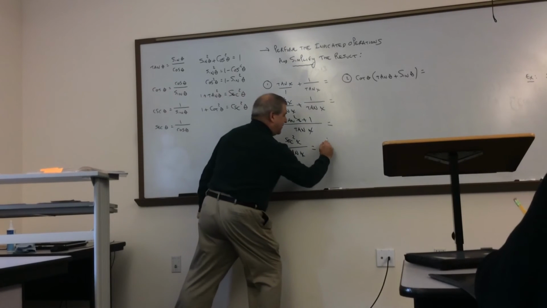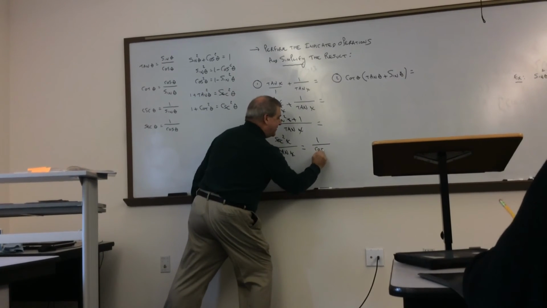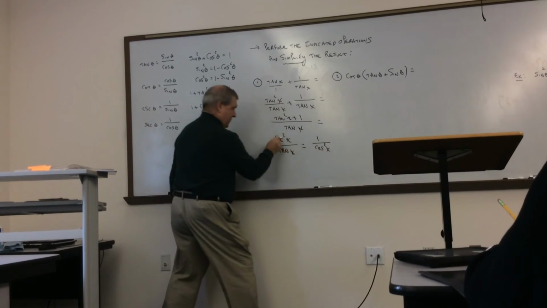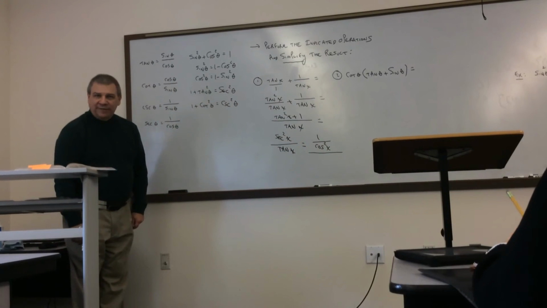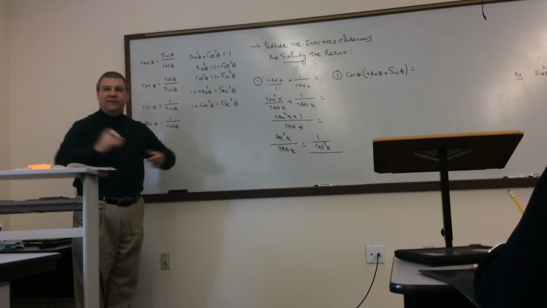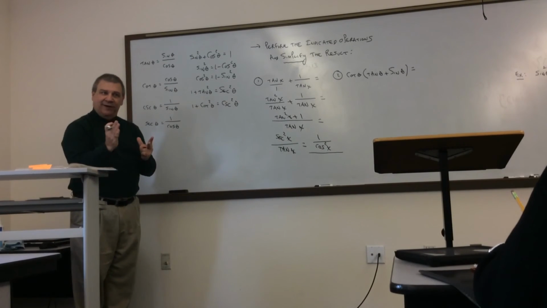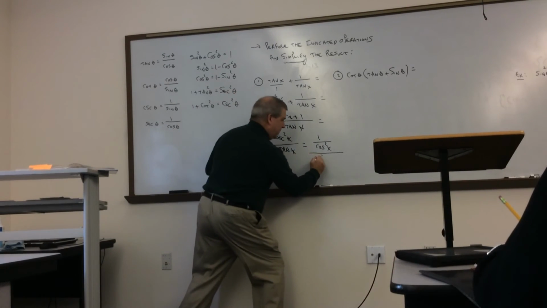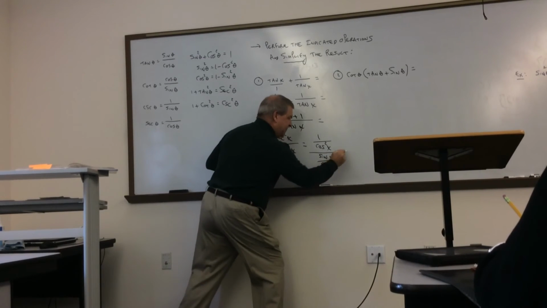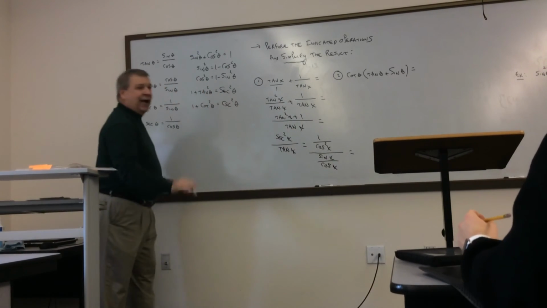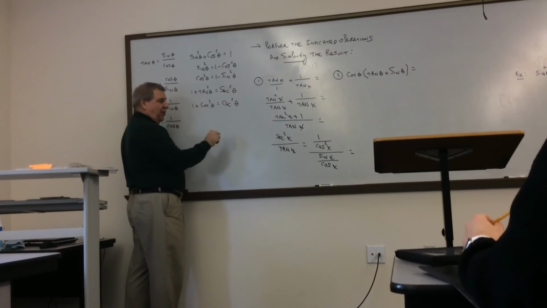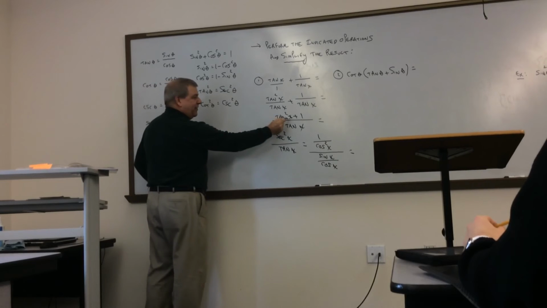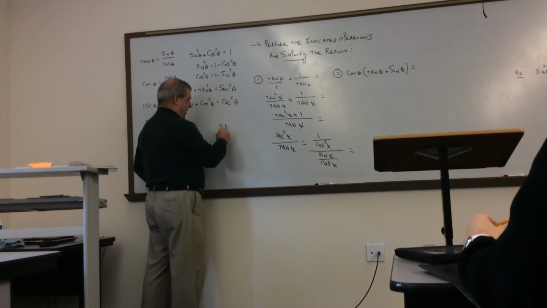1 over cosine squared. Watch this. Over, what's tan of x? Convert it. Watch what happens here. Howard? Sine of x over cosine of x. Now, guys, let me just say this because I know somebody's going to do this: when you write these down, whatever that angle is, x, theta, whatever, don't just say tan.